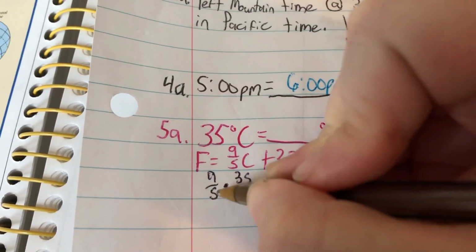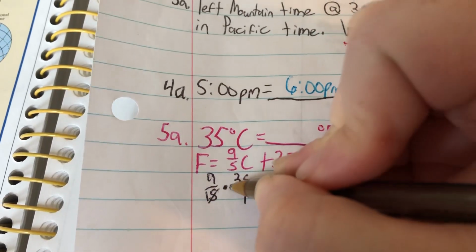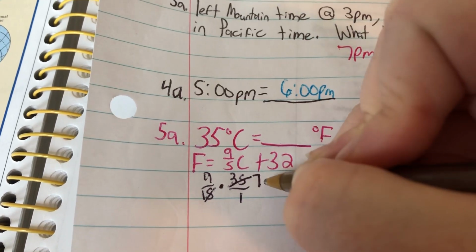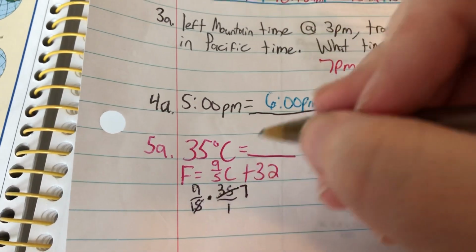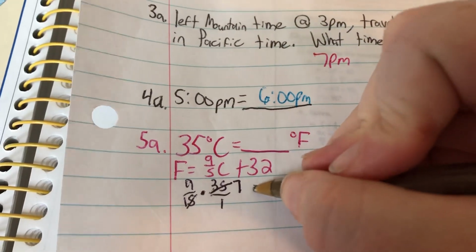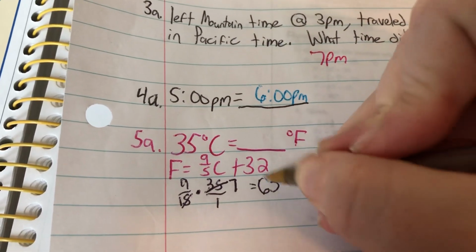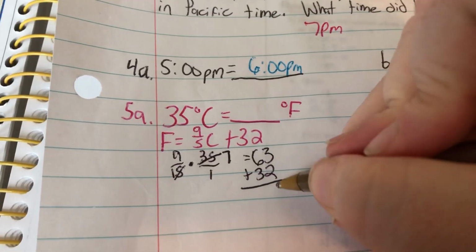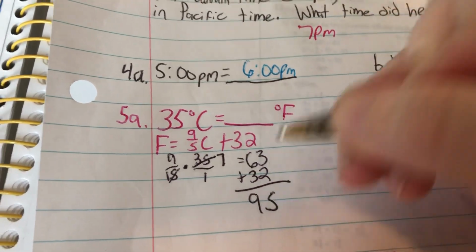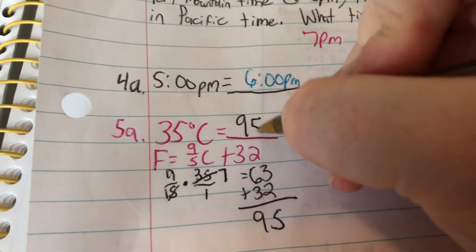We can simplify that. 5 goes into both, goes into it once, and goes into it 7 times. 9 times 7 is 63 over 1. 63 plus 32. 3 plus 2 is 5. 6 plus 3 is 9. So it would be 95 degrees Fahrenheit.